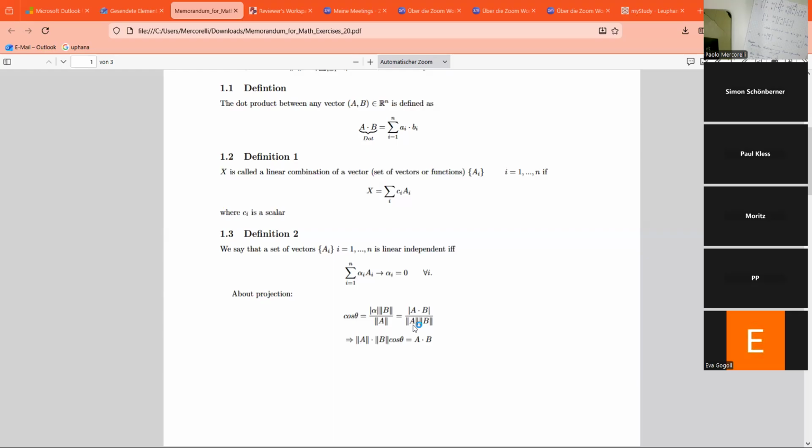Let me do now an exercise related to the linear combination, even though we have seen it also last time. Let me reorganize here the material. And let me do this.